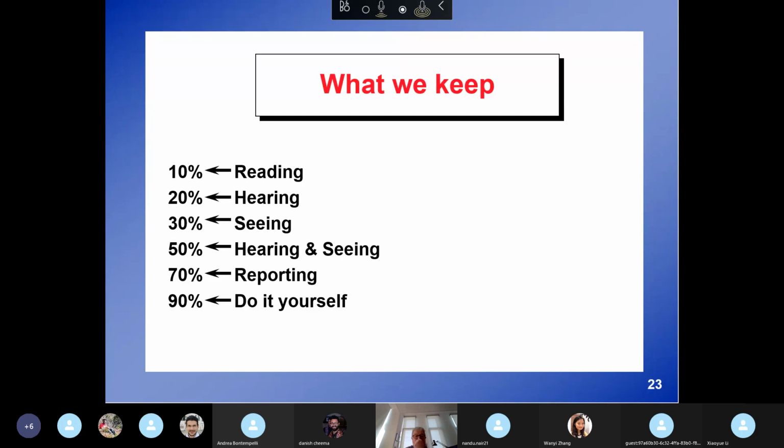But then the second part is that, once you know something, those of you who have had some experience in teaching, as I usually say, there is nothing better than teaching in order to learn something.